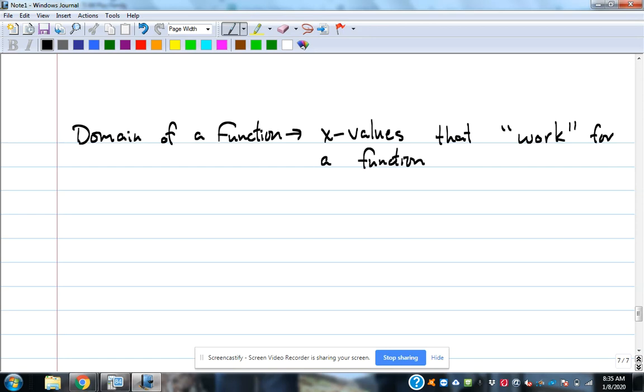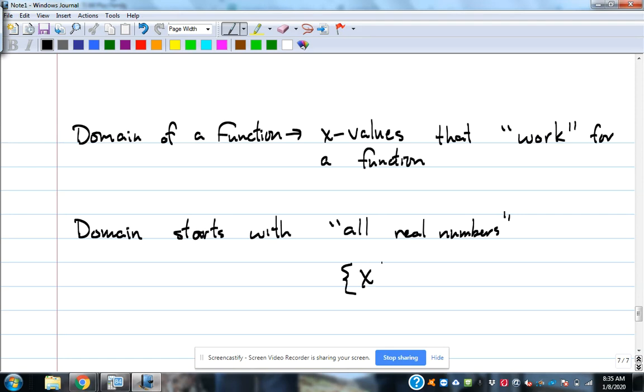and there are certain kinds of issues that can come up with domain, but domain starts with all real numbers. And there's different ways of saying all real numbers.